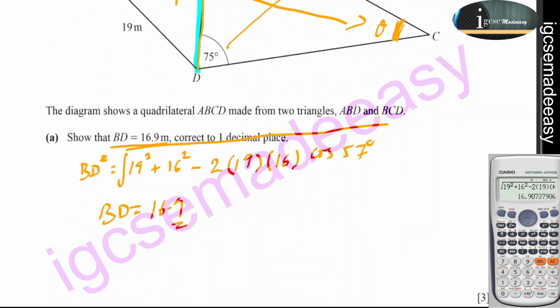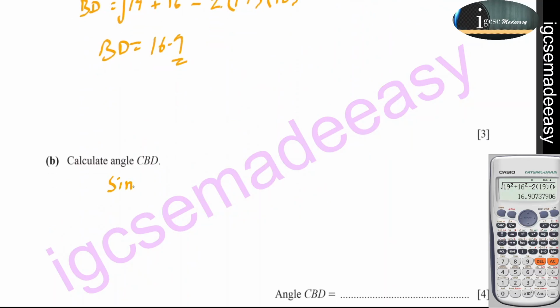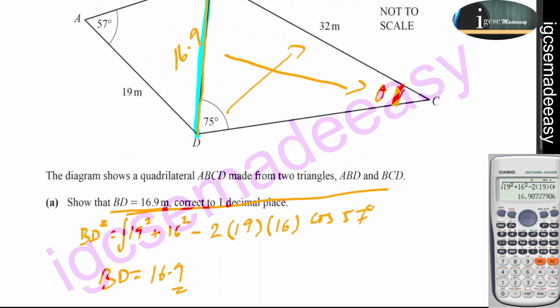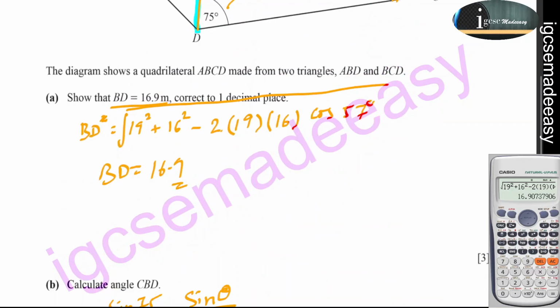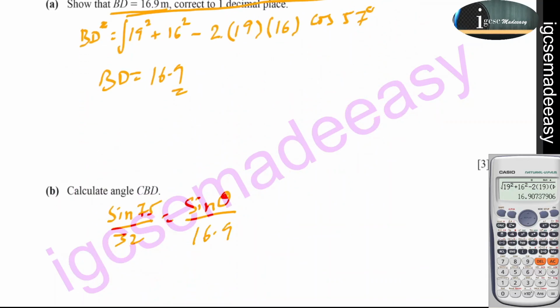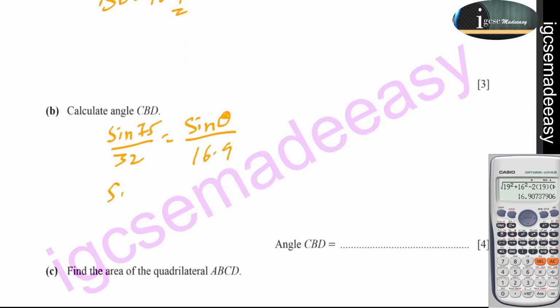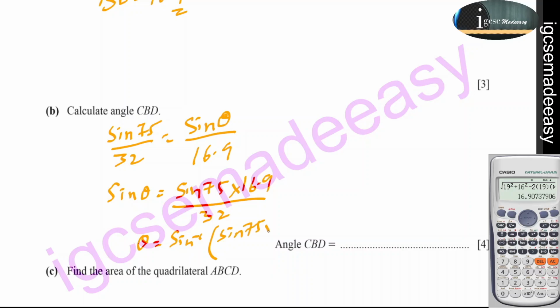Sine 75 by 32 will be equal to sine theta by 16.9. So sine theta equals sine of 75 times 16.9 divided by 32, and theta will be the sine inverse of this value.